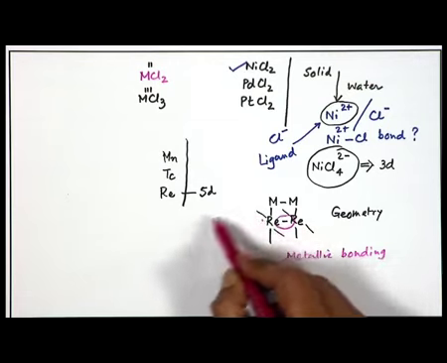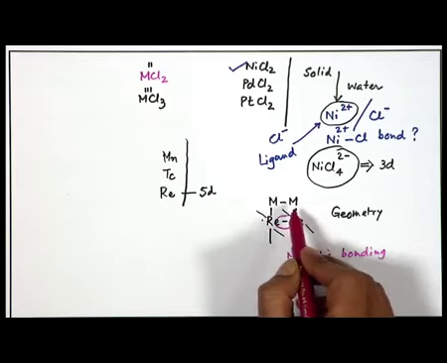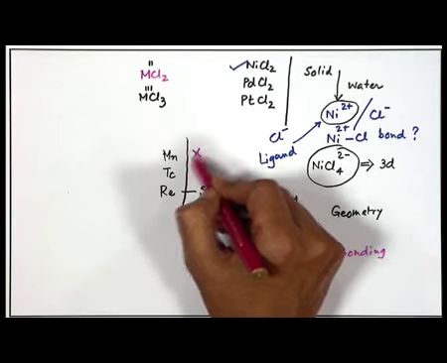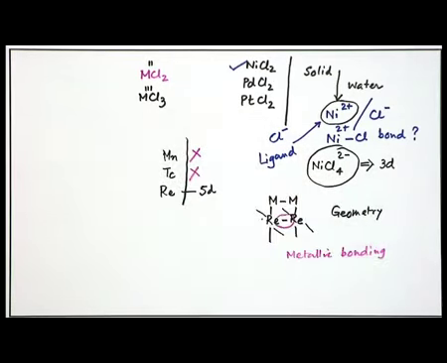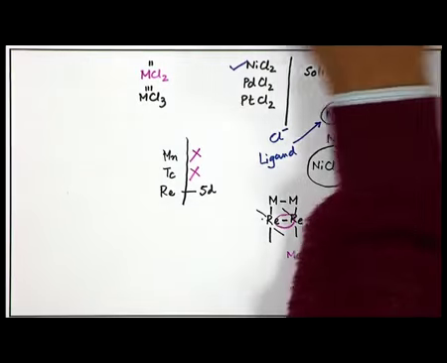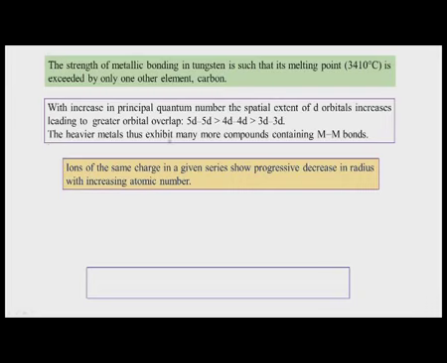The 5D orbitals will be bigger, then only you can have the 5D interaction, which is not present in the case of 3D orbitals and also not present in the case of 4D orbitals. So, that is why we are considering this particular one, that heavier metals like rhenium in the group of manganese can have MM bonds.